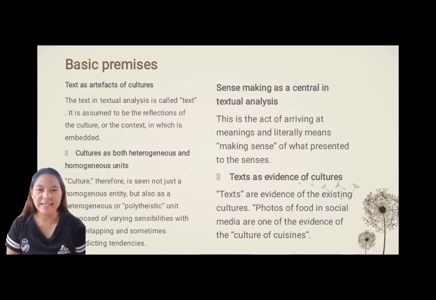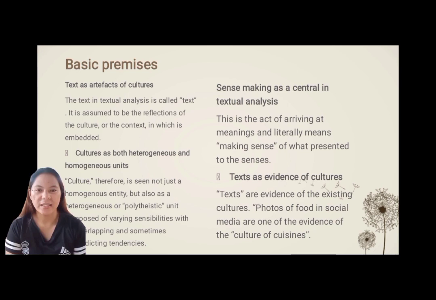Next is sense making as essential in textual analysis. This is the act of arriving at the meaning; it literally means making sense of what is presented to the senses, like evaluating, feeling, and getting to know. The next one is text as evidence of culture.